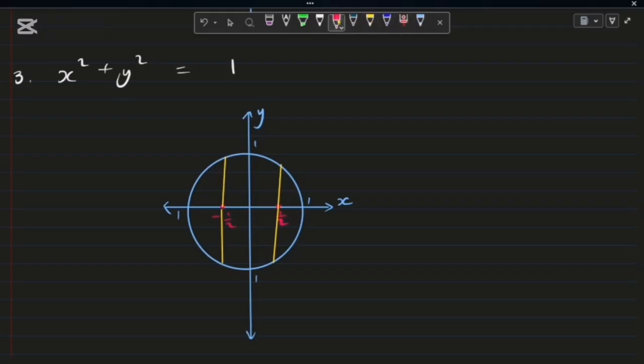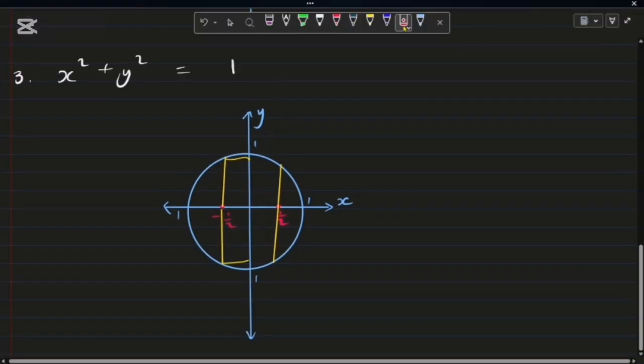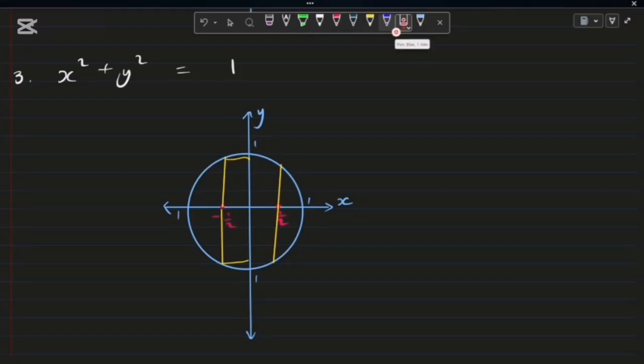Okay, let me just do this so that it will be clear. So the y value is that one, and the y value over there is there. Cool. So we have a situation whereby we have one x value, but we have two y values. So these two y values are sharing one x value.